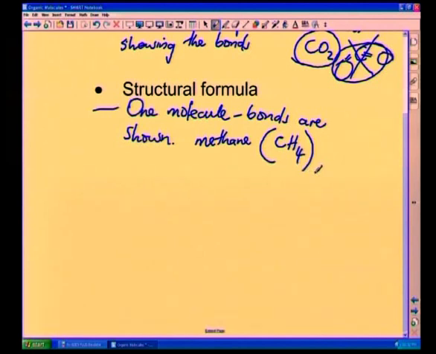That CH4 will be the molecular formula, because all it is telling us is that for every molecule of methane, we have one carbon atom and four hydrogen atoms. So that is what it is telling us, okay?